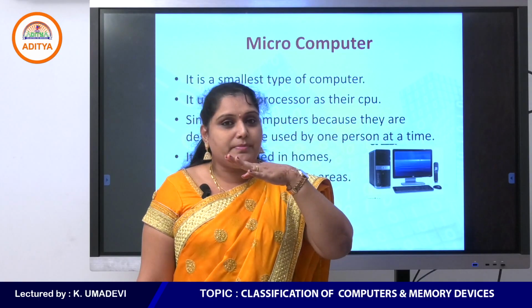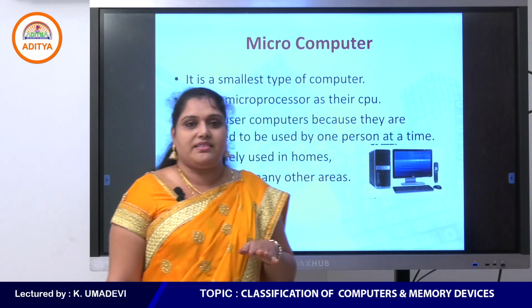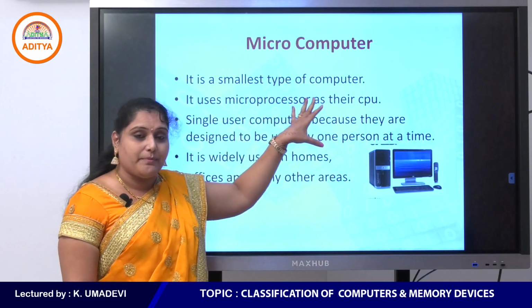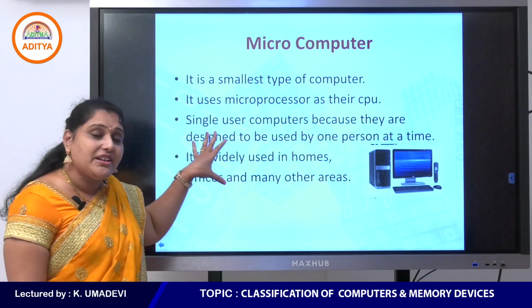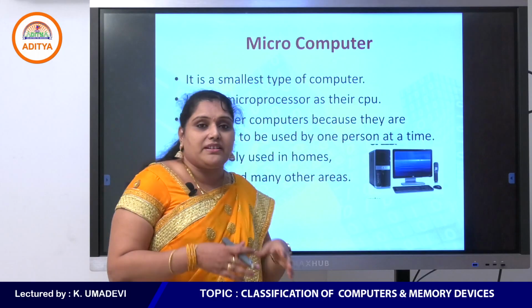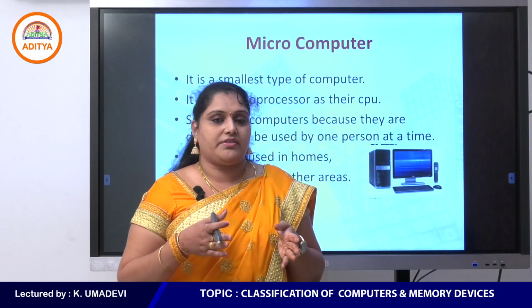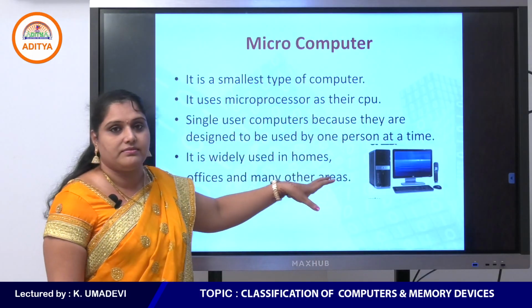Mini is larger than microcomputers, and the last one is the microcomputer, the smallest type of computer. Microcomputers are mainly designed for single user systems, but are also used as multi-user systems when connected to a network, and are widely used in homes, institutes, offices, etc.